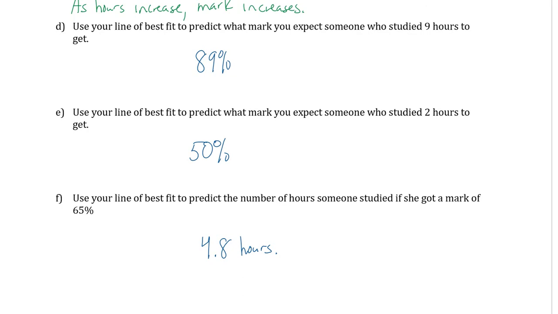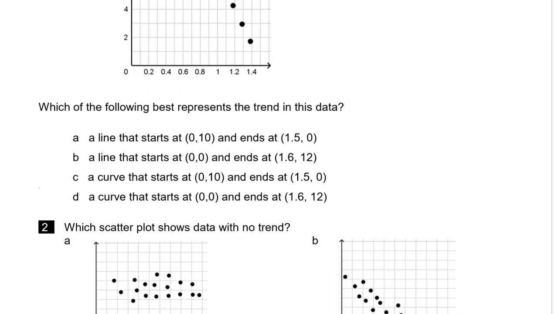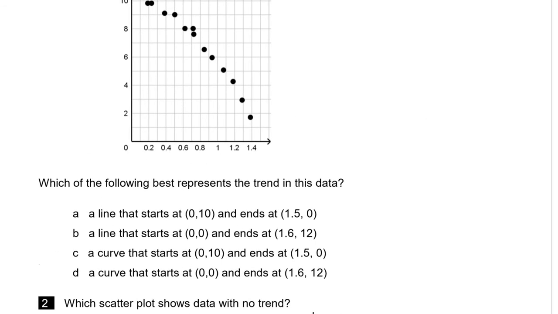some estimations, okay? Last thing we're going to do is a few multiple choice questions. Again, these look a lot like EQAO. Scatter plot below shows data from an experiment. Which of the following best represents the trend in this data? A line that starts at 0.10 and ends at 1.50.